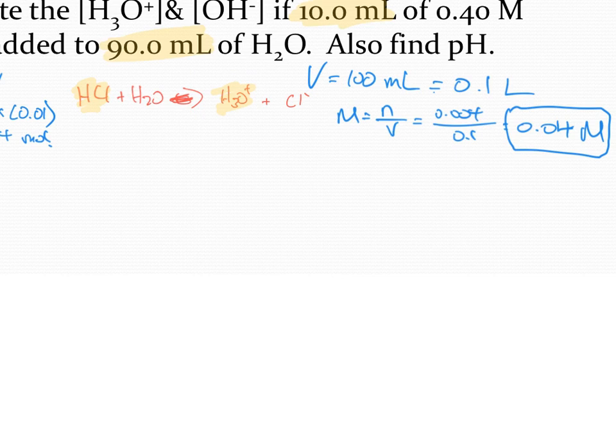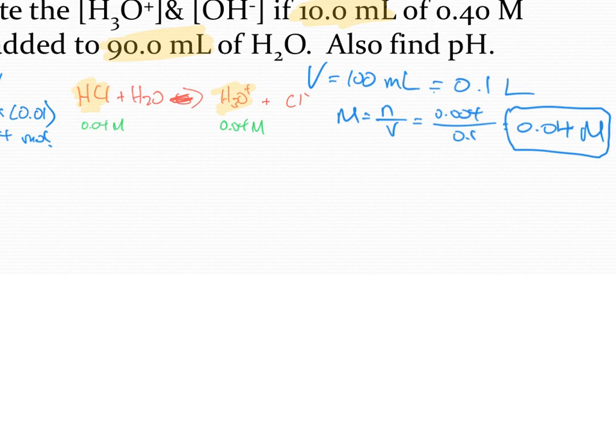With that 1-to-1 molar ratio, it indicates to us that not only do we have 0.04 molar hydrochloric acid, but we also have 0.04 molar concentration of our hydronium ion. So that answers the first part, to find the hydronium ion concentration. So we could check that off.